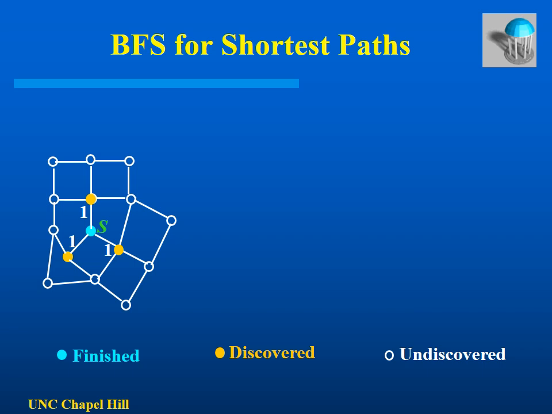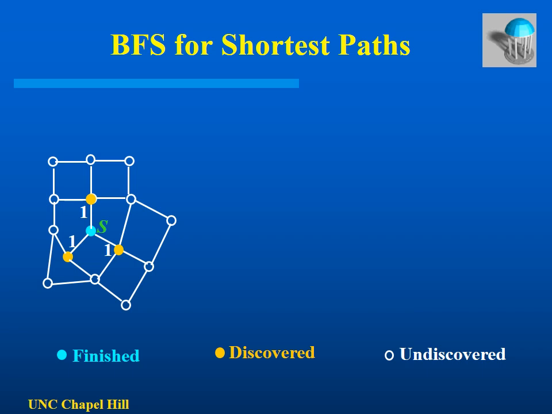We will successively examine each of those nodes, and as we examine it, we will color it discovered, and we will take S's length, 0, and make the path length to these newly discovered nodes 0 plus 1, so they will get path length 1.